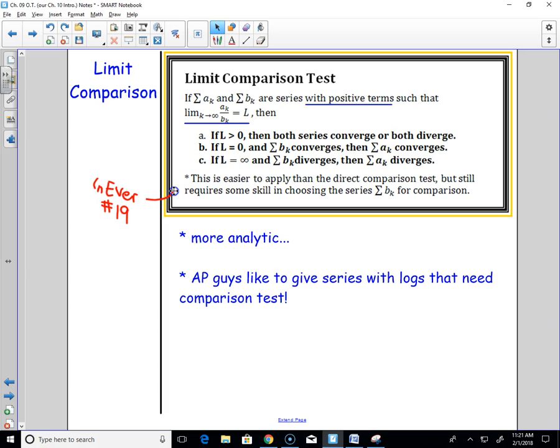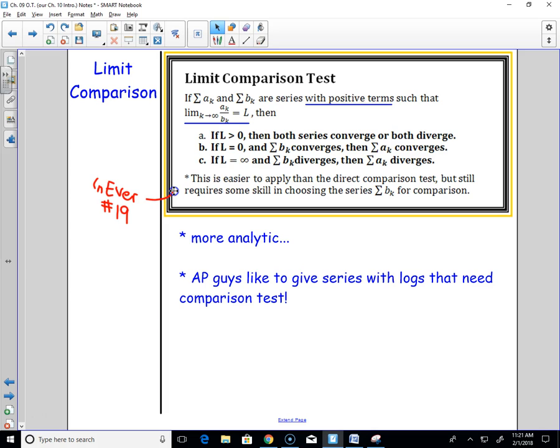Who can tell a we know nothing from what is written in A, B, and C? Exactly. If the limit equals 0 and I have the summation of b sub k divergent, I know nothing. Or, if L equals infinity and you're convergent, then we know nothing.